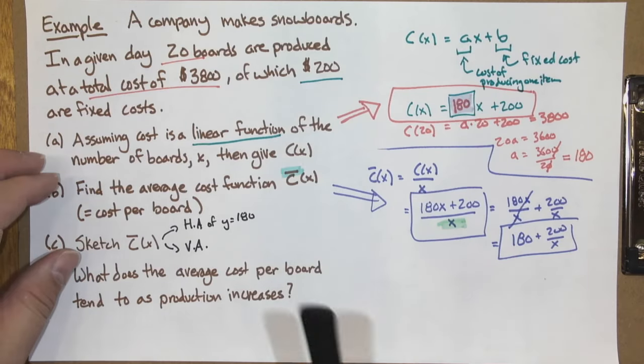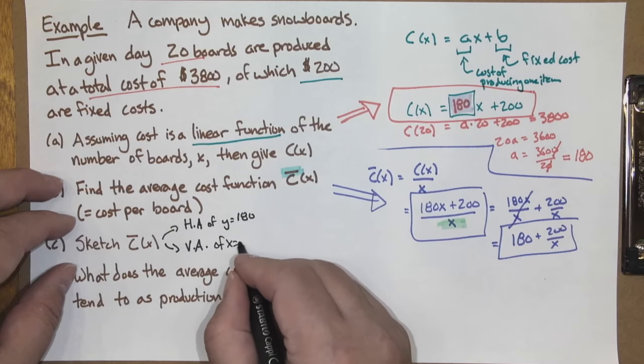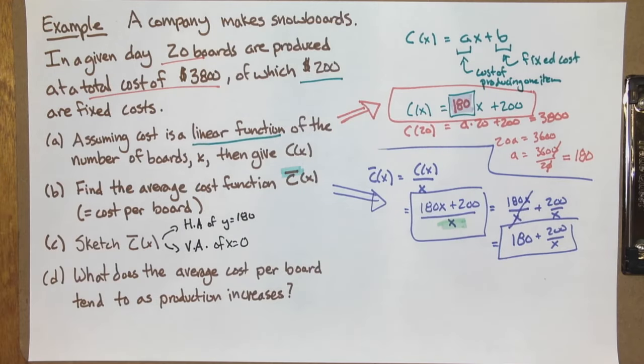Could be 0 at 0. So you have a vertical asymptote of x equals 0. Because, well, what happens? If you make nothing, well, you still had to pay the $200, but you made 0 product. So your average cost per product is ridiculously high. 200 divided by 0.